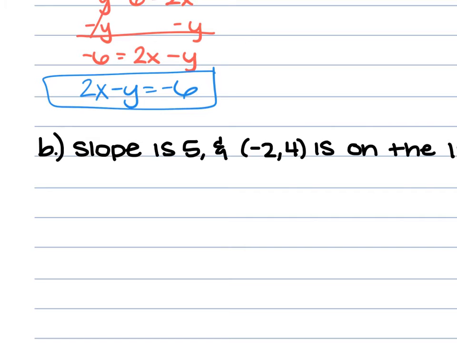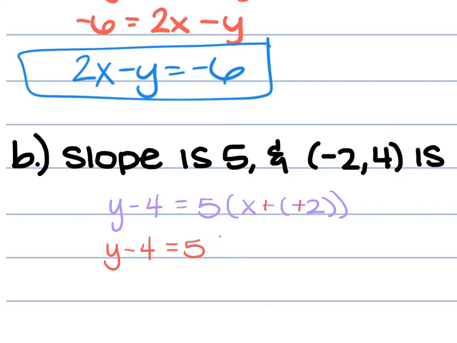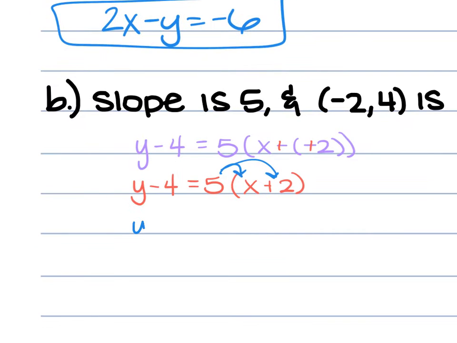All right, so we have a slope of 5 and a point of negative 2, 4. So this is going to be y minus 4 is equal to slope, which is 5, times x minus negative 2. So the two negatives next to each other turn into positives. Then we have y minus 4 is equal to 5 times x plus 2. We're going to distribute the 5. So we have y minus 4 is equal to 5x plus 10.